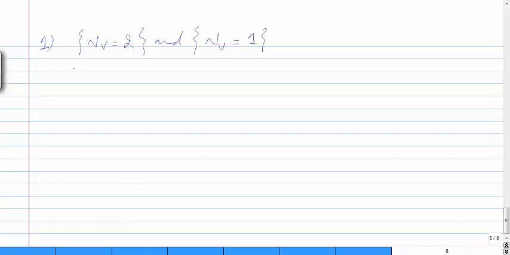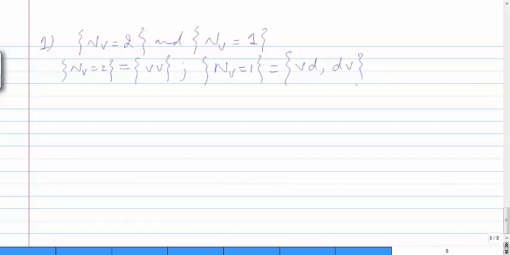It's better to write the NV equal to 2 event in terms of outcomes. NV equal to 2 has only one outcome. Similarly, NV equal to 1 has the following outcomes, that is VD and DV.